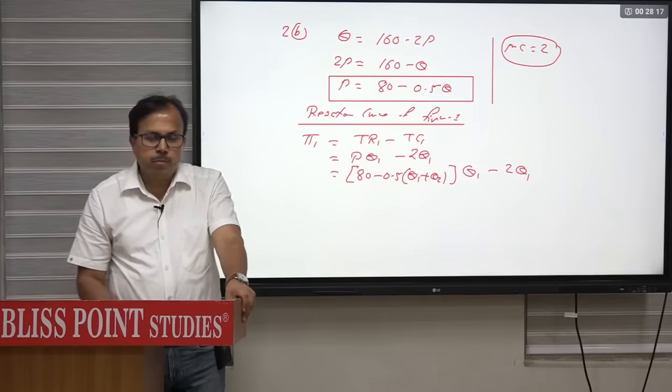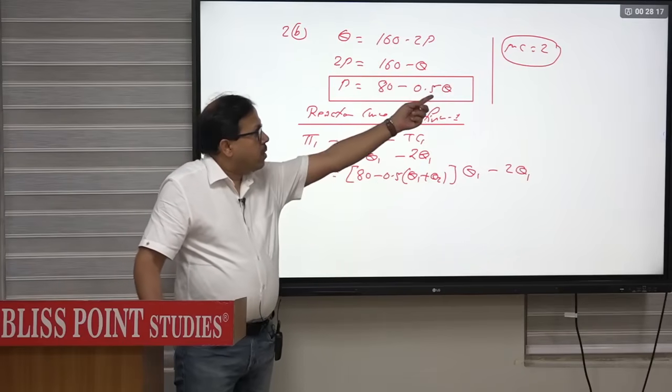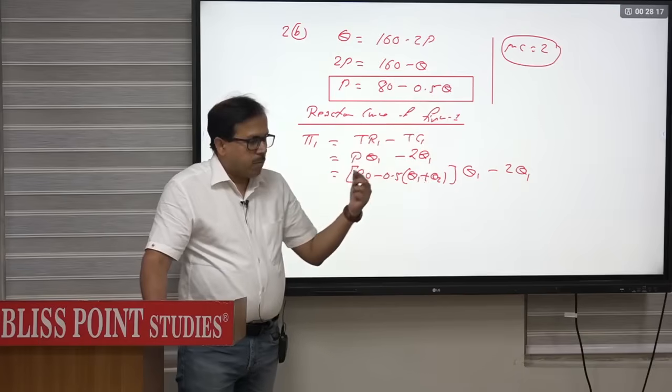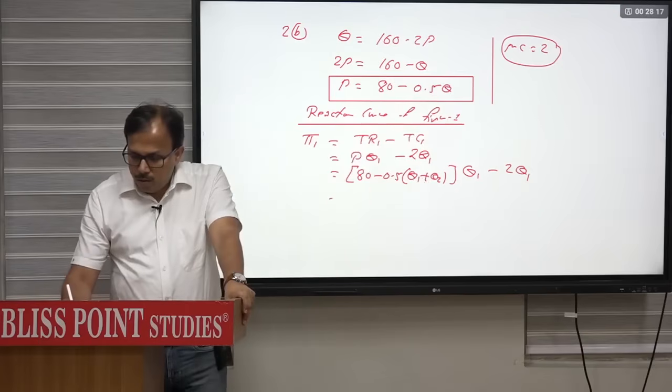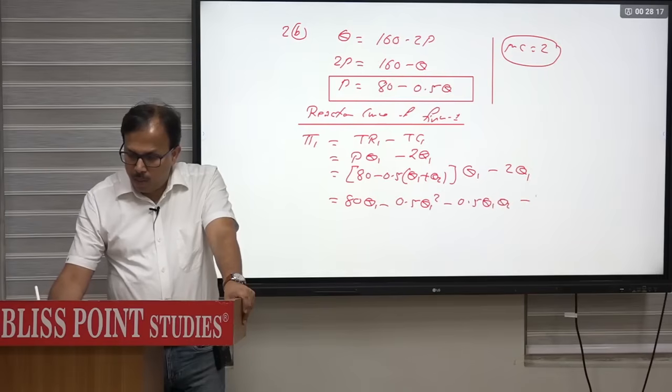Clear? In place of P we have written this, and in place of Q we wrote Q1 plus Q2. So this will be 80 Q1 minus 0.5 Q1 square minus 0.5 Q1 into Q2 minus 2 Q1.